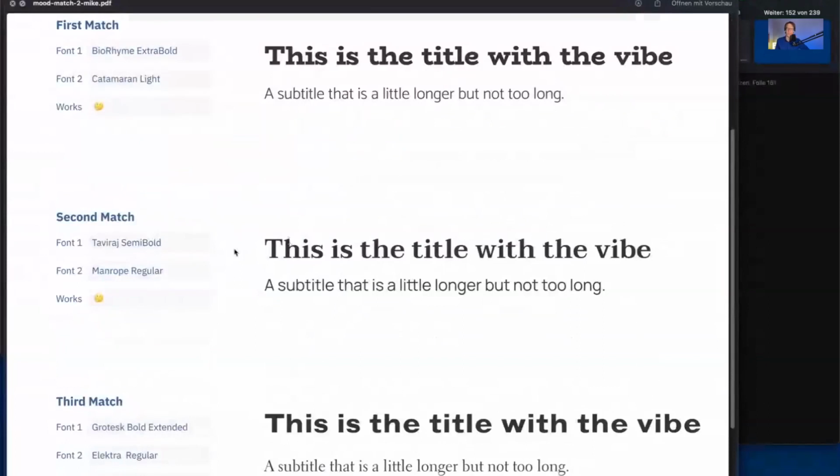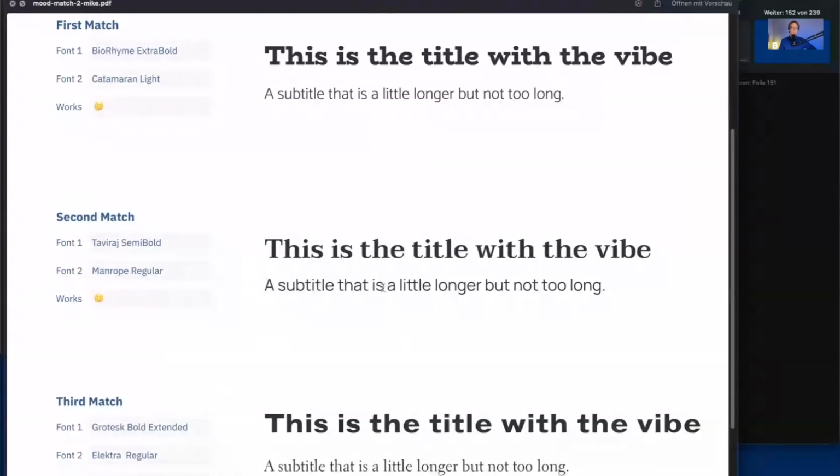Tavir, I hate all these names. The serif typeface here is also very contrasting. I think this is a pretty good match, since you also have this connection between the very thin, almost linear strokes, and then the sans serif here with Manrope, which is also very linear.